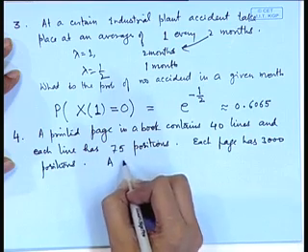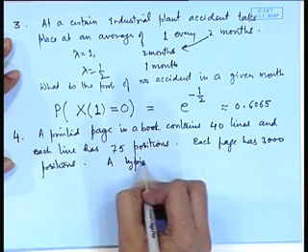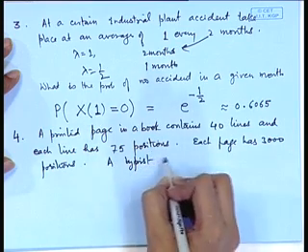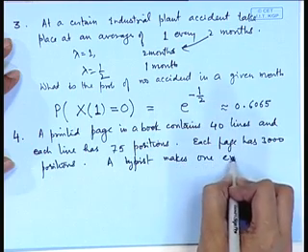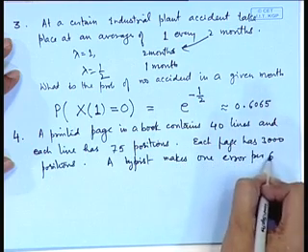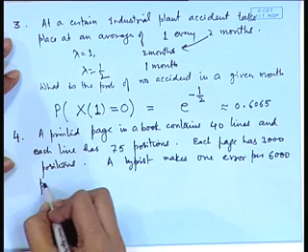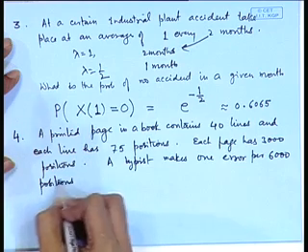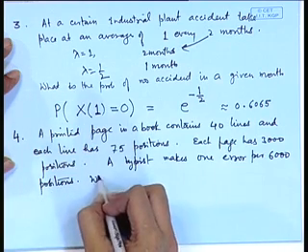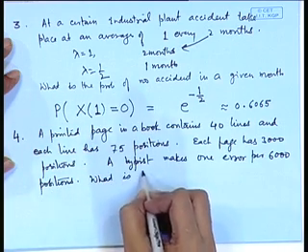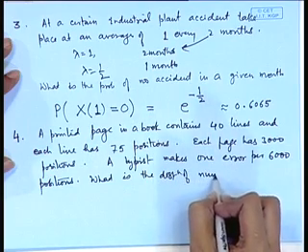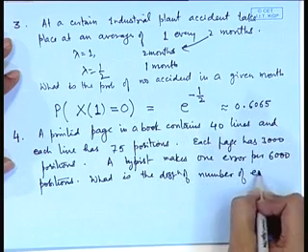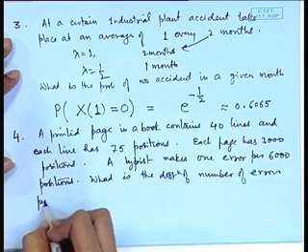A typist makes one error per 6000 positions. What is the distribution of the number of errors per page?